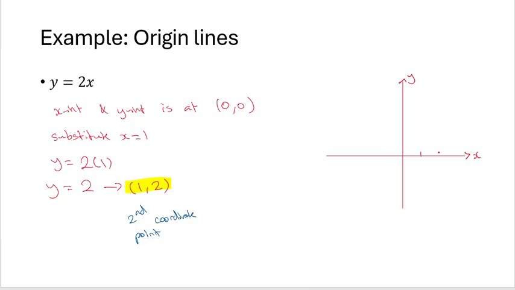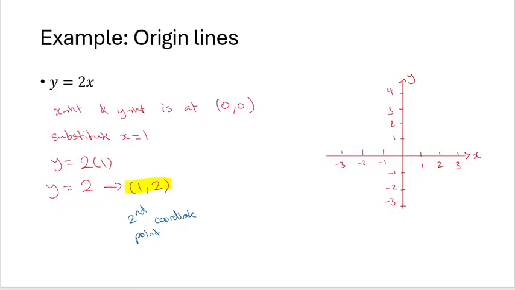Let's just scale it. Carry on 1, 2, 3. -1, -2, -3. Then 1, 2, 3, 4.